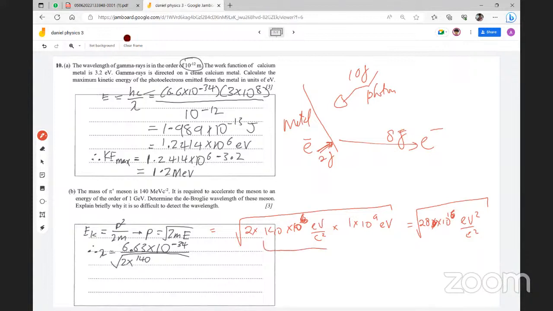Here my KE is 1 times 10 to the power of 9, because the question says the meson has an energy of 1 GeV. I'm assuming that is all kinetic energy. But what's the 10 to the power of 6 again? Oh, MeV over c squared. Okay, but we need to find c squared.